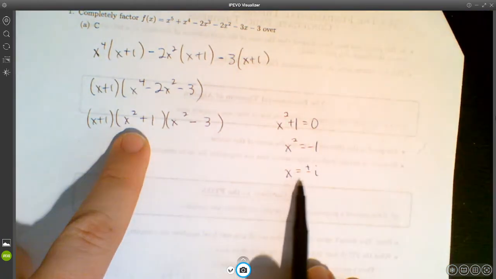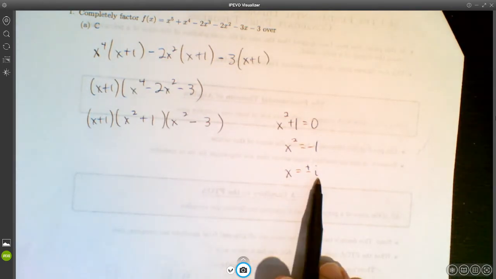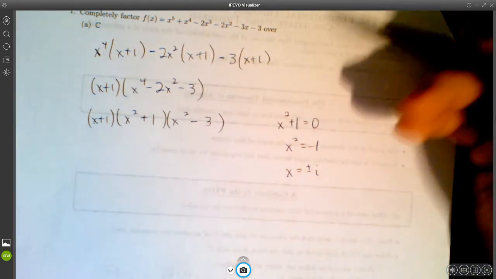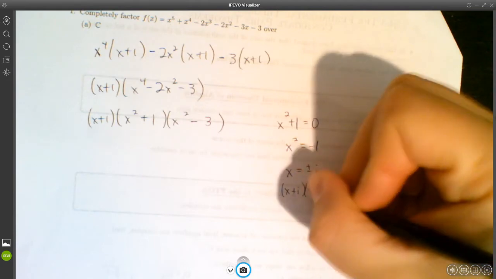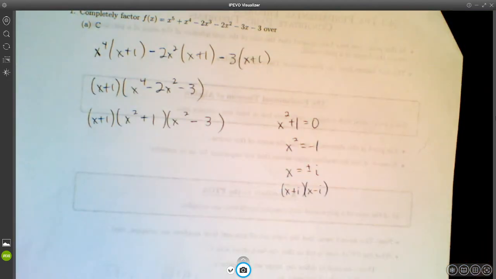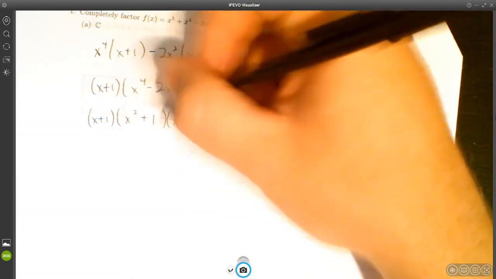Now, if you remember the factor theorem, the product and factors theorem, we know that if this is a 0, then we're going to have factors x plus i and x minus i. Okay, so those are the factors that correspond to this factor, right?